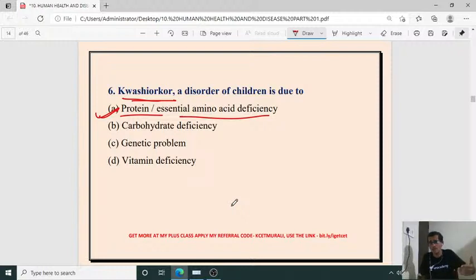Why essential amino acids? Essential amino acids are not produced in the body, and they are supplied from outside through food material. So if the children are running short of enough essential amino acids, definitely there will be kwashiorkor disease.